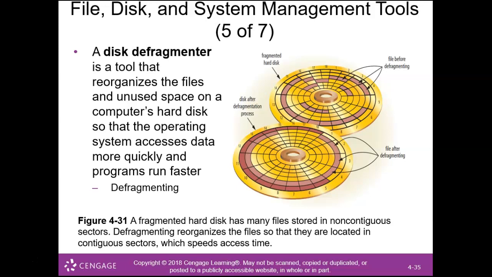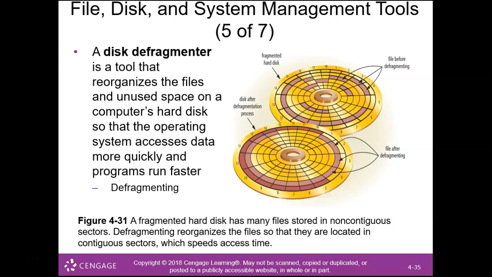Fragmentation will occur naturally when you use the disk space frequently. You're creating, deleting, and modifying files, and at some point the operating system needs to store parts of the file in non-contiguous areas.